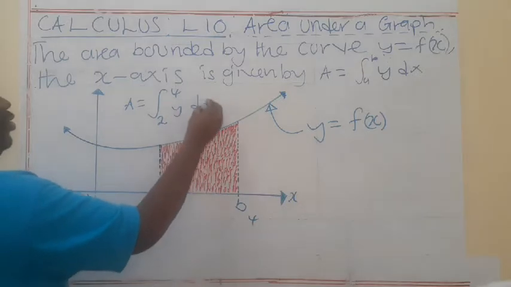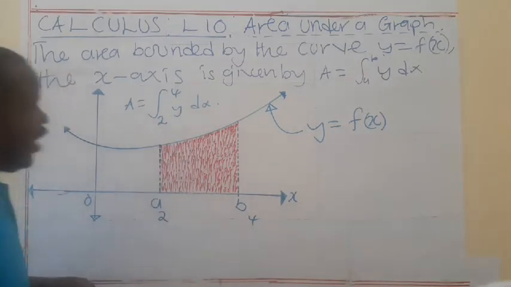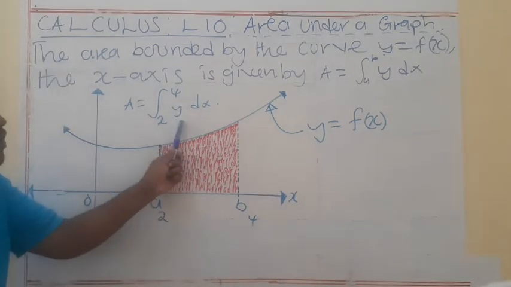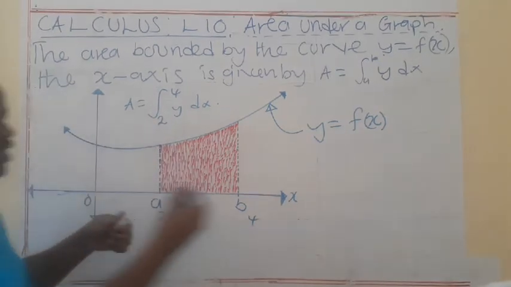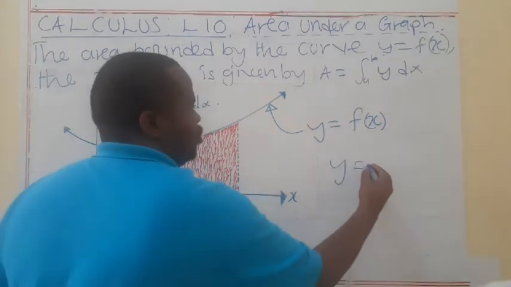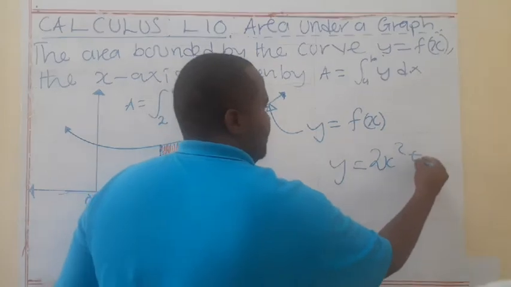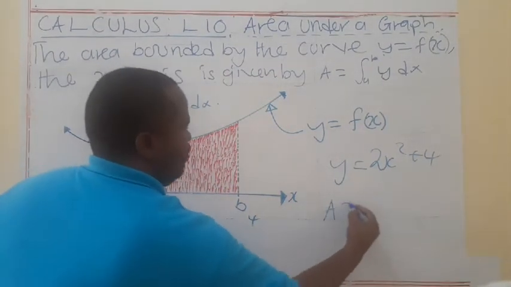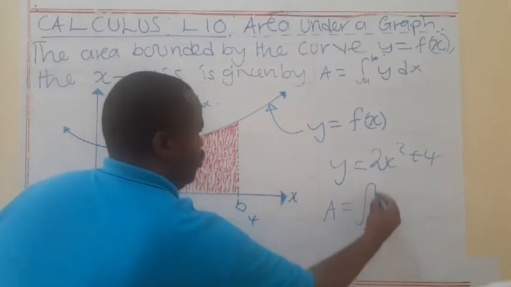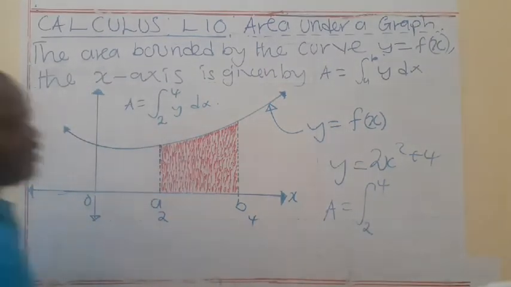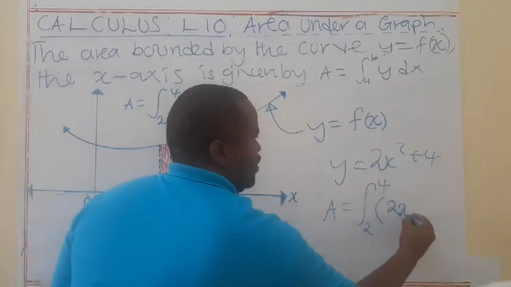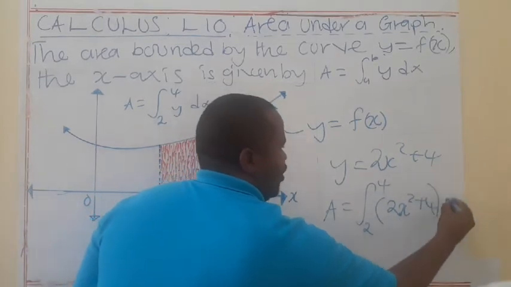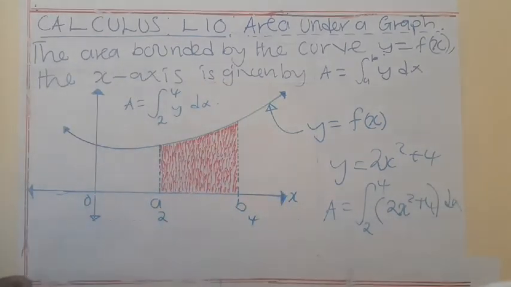Y with respect to x. In this case, by y we mean the function. So maybe you might have y is equal to 2x squared plus 4, for argument's sake. So your area shall be the integral from 2 to 4 of 2x squared plus 4 with respect to x. That's what we are saying.